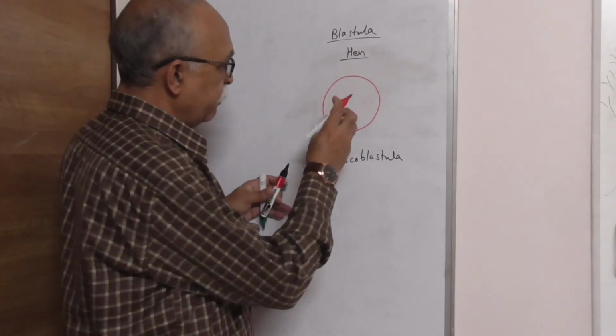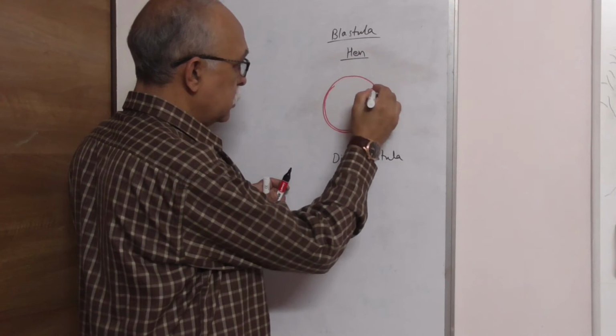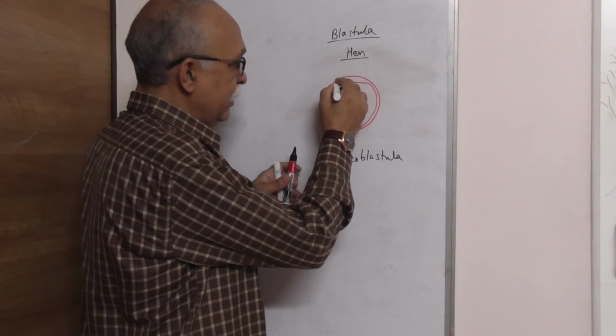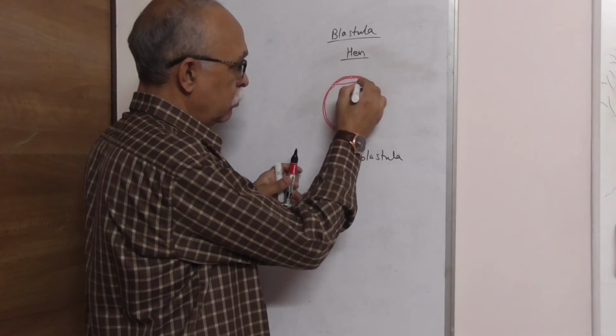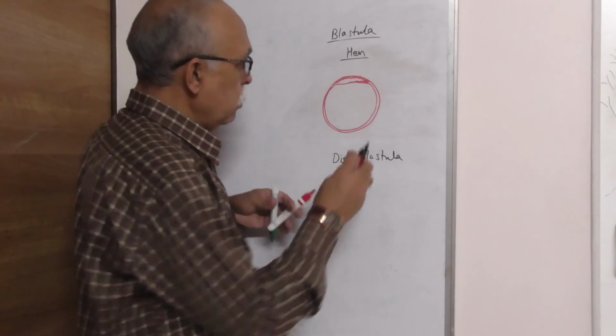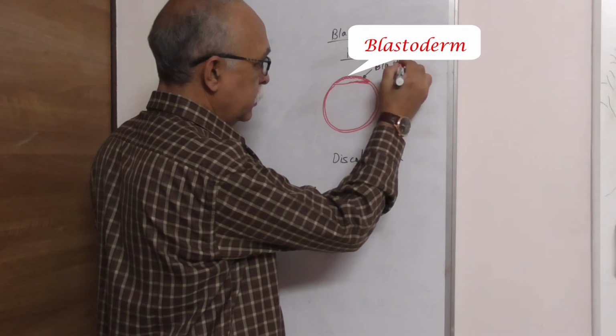In this whole sphere, the rest is all yolk, and only in this region would be seen the cells. So this is going to be the blastoderm.